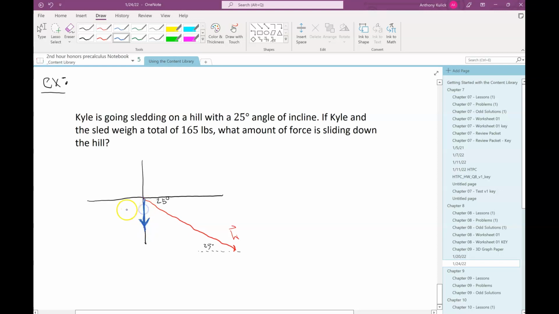So I'm going to call that G. So what we're looking for then is this projection here.